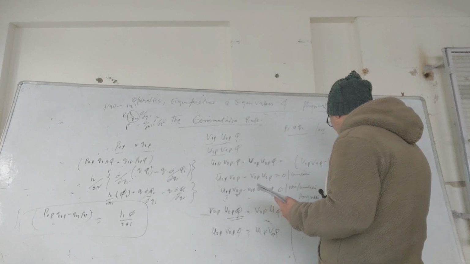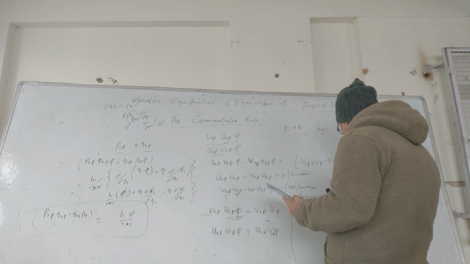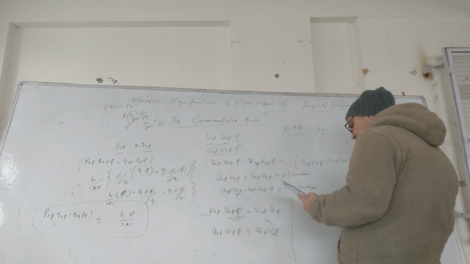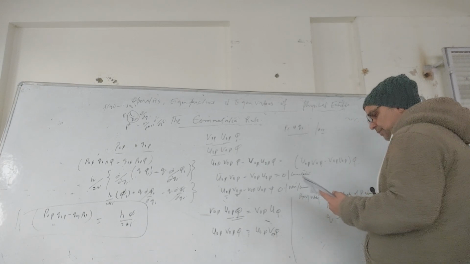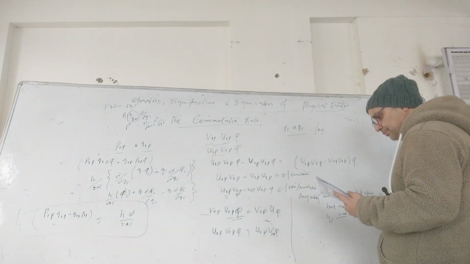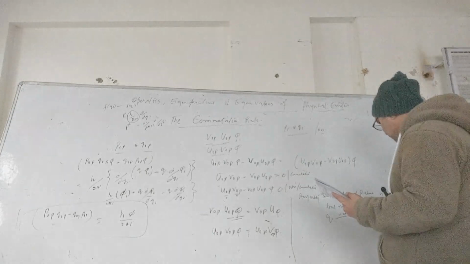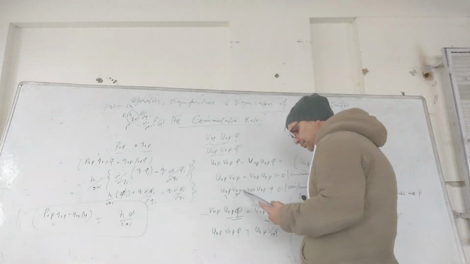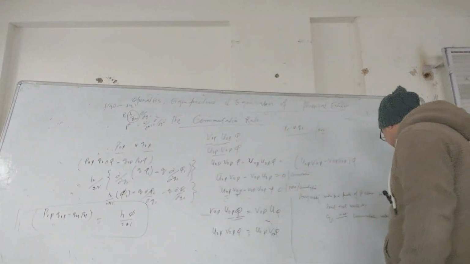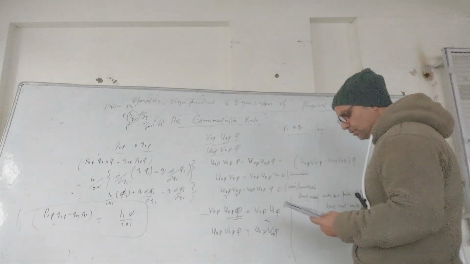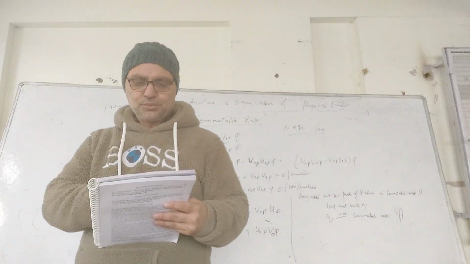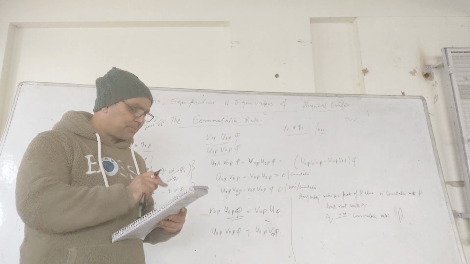A function of Q is not commutative with P. Functions of both P and Q, however, can be non-commutative with both Q and P.